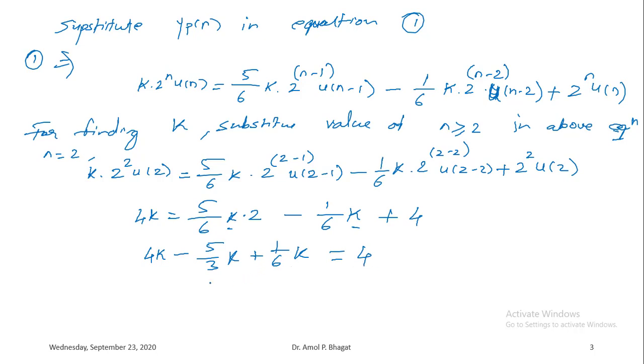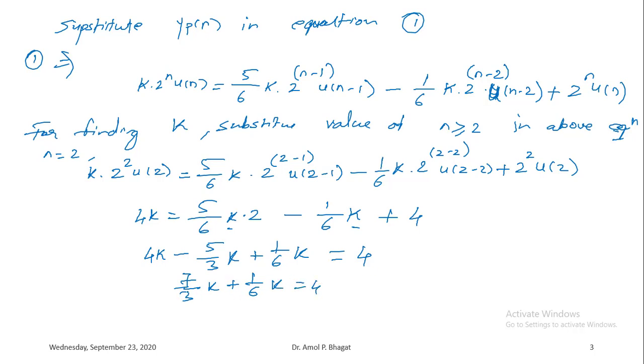If you solve this left hand side, you can simply solve this: 4k minus 5 by 3k will be 7 by 3k, plus 1 by 6k is equal to 4.